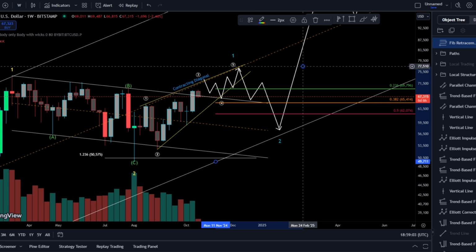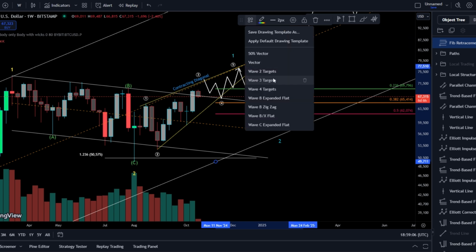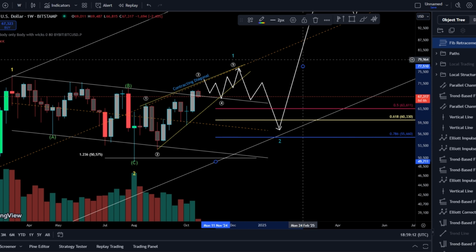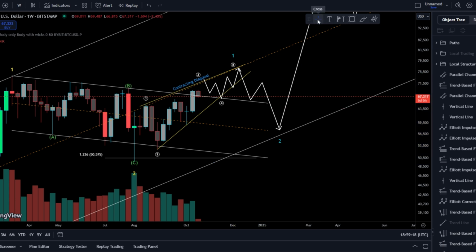Guessing it comes to the $77,000 region. We would like to see the 618 to the 786 level respected, as it is a common wave 2 target.